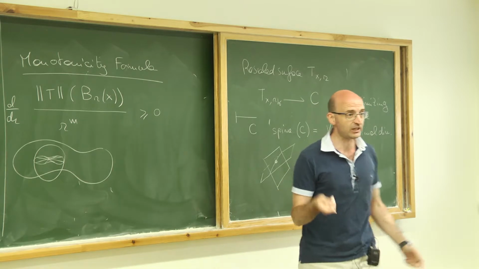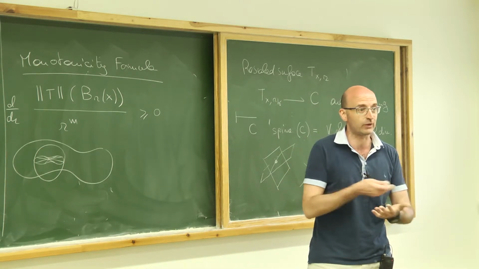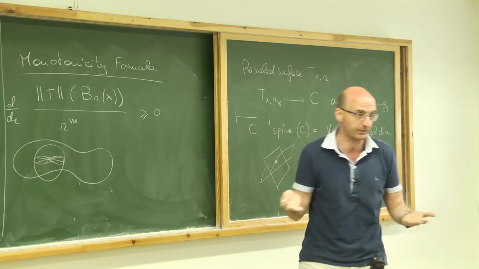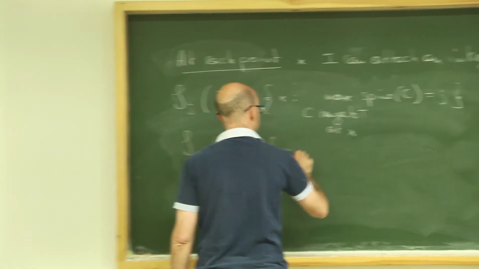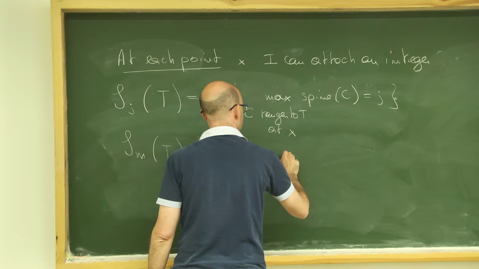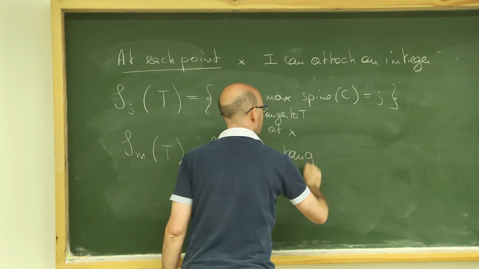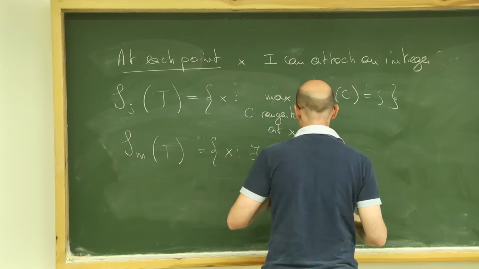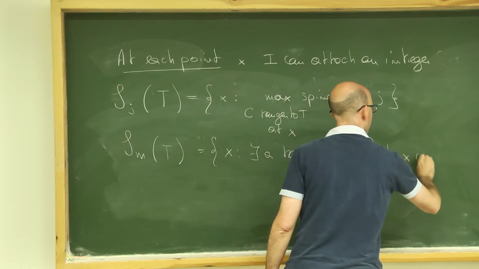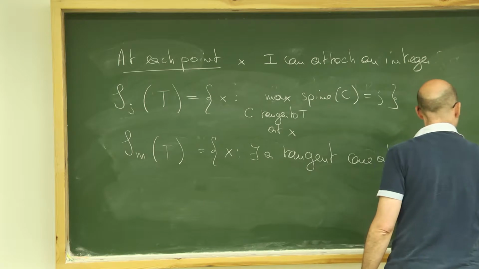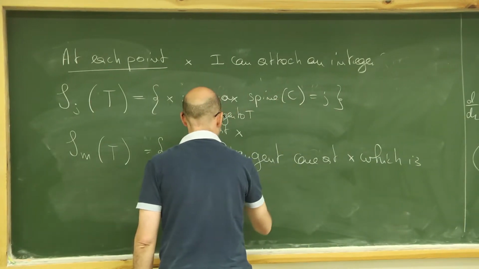So S_m of T is the points where you have at least one tangent cone which is a classical plane. Let us say the points x such that there exists a tangent cone at x which is a flat plane.